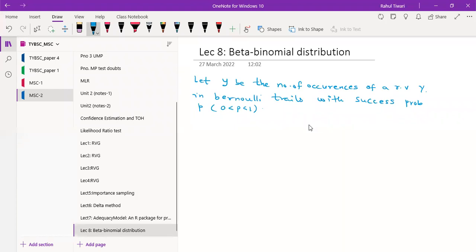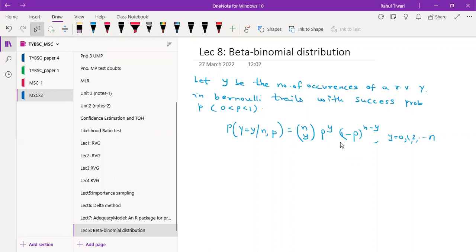So one can very easily write the distribution, which is probability of y equal to y given the parameters n, p, which is nCy p raised to y, 1 minus p raised to n minus y. So this is your usual binomial distribution.